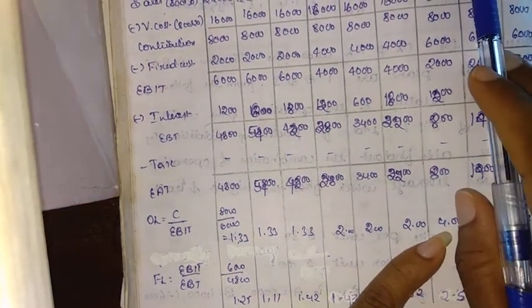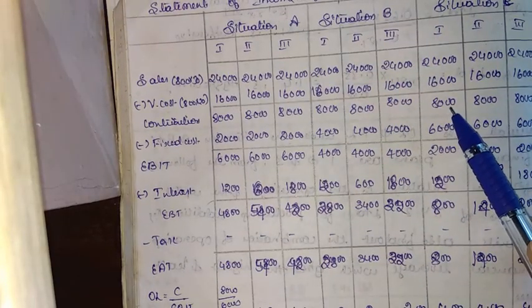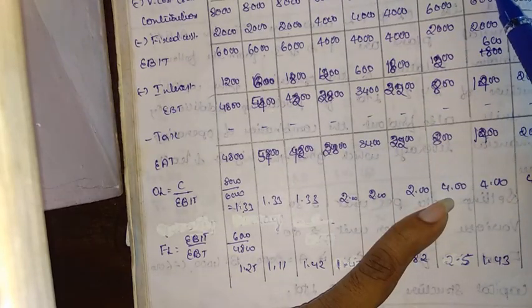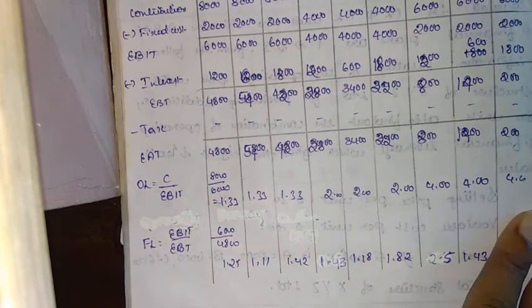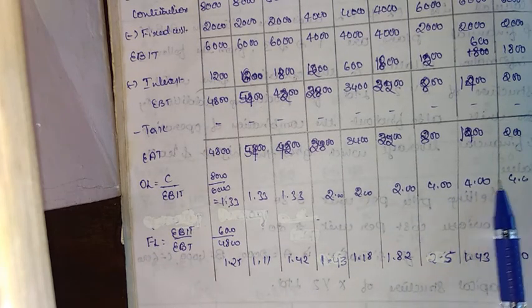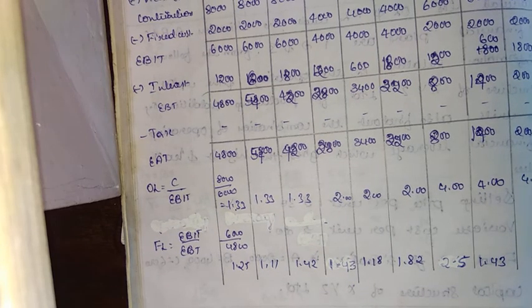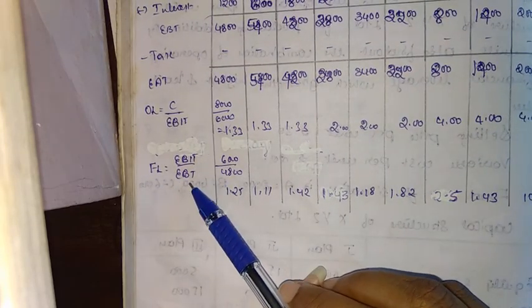Then situation C: 8,000 divided by 2,000 is 4 times for each plan. So situation C has the highest operating leverage, so it has the highest operating risk.